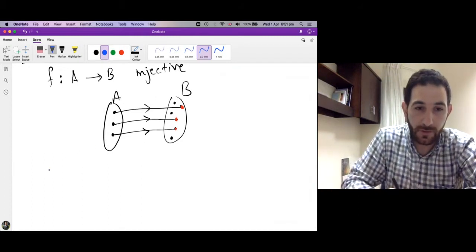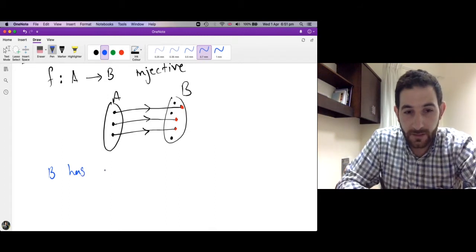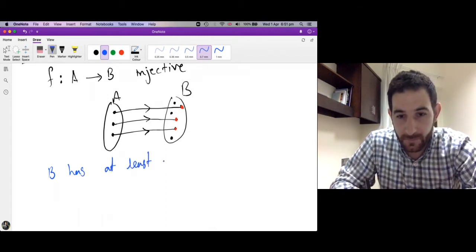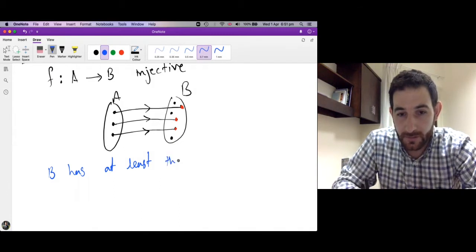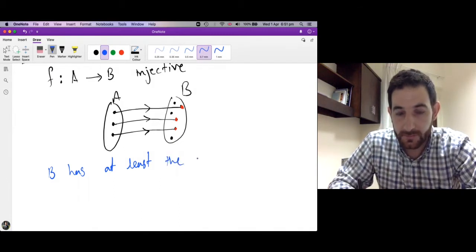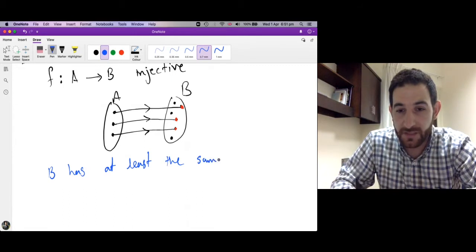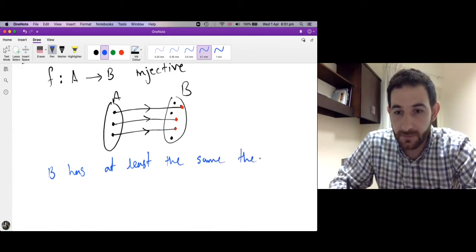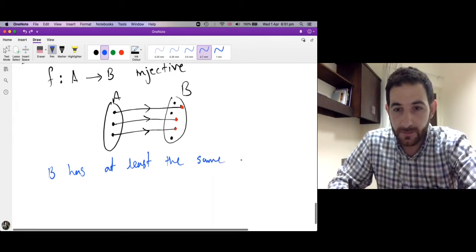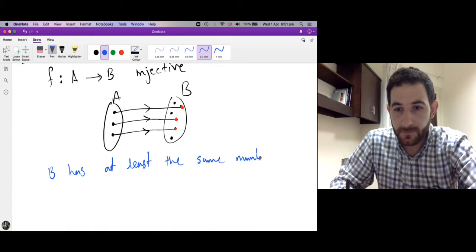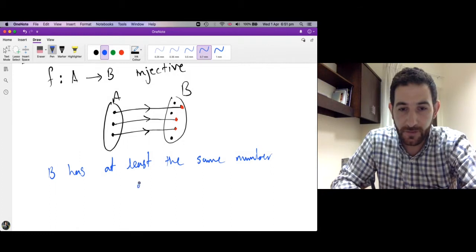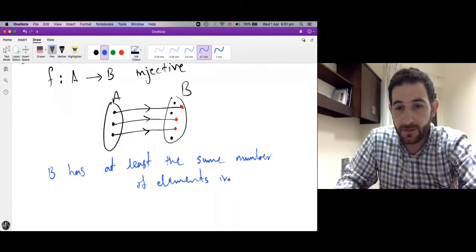So all we can say is that B has at least the same number of elements as A. Right?